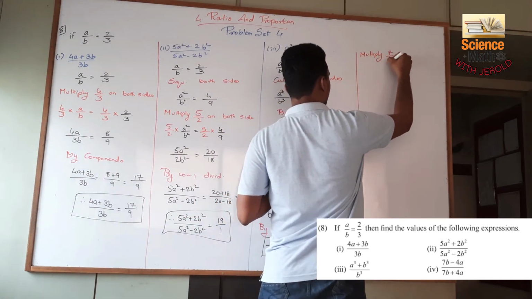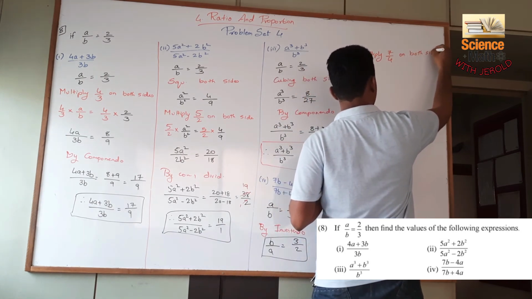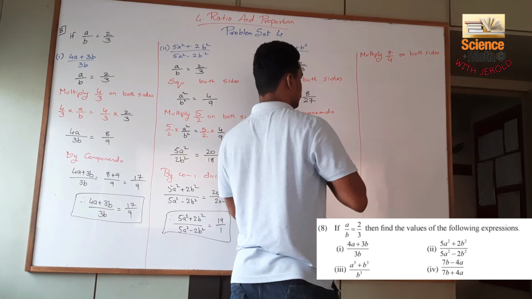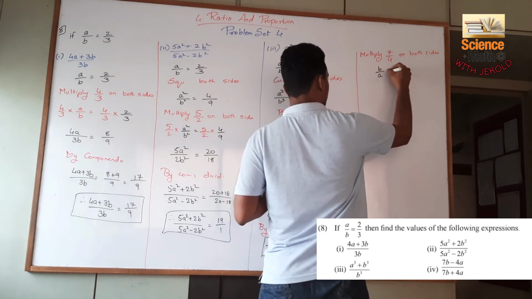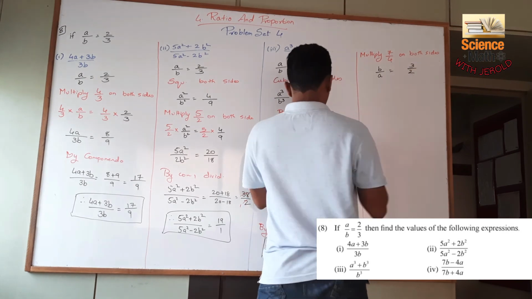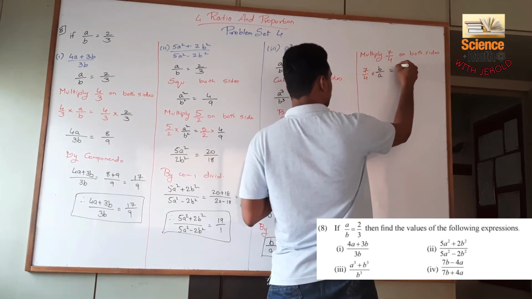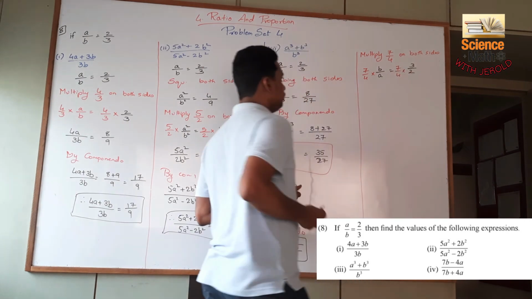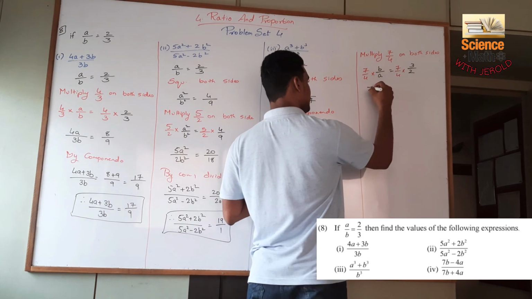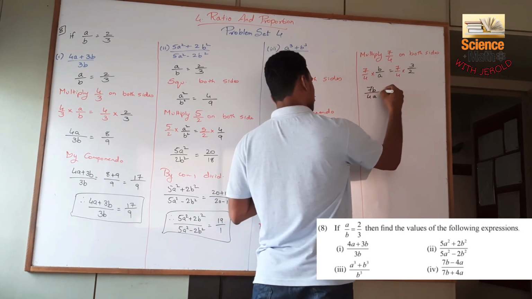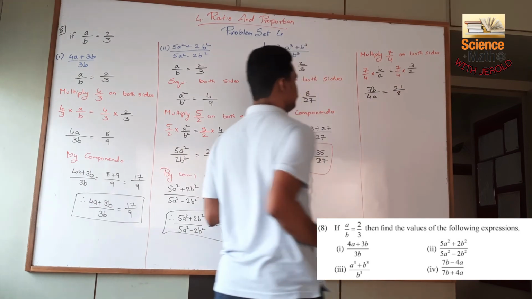7 upon 4 on both sides, I will get, what will I have? B upon a is equal to 3 upon 2, where I multiply 7 upon 4 and 7 upon 4 on both these sides. Now my new ratio that I got is 7b upon 4a is equal to 21 upon 8.